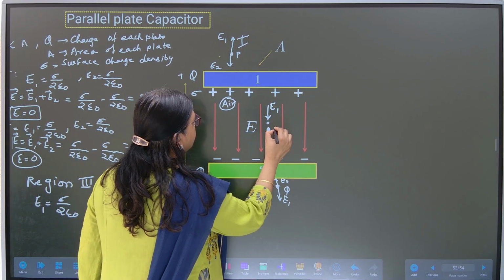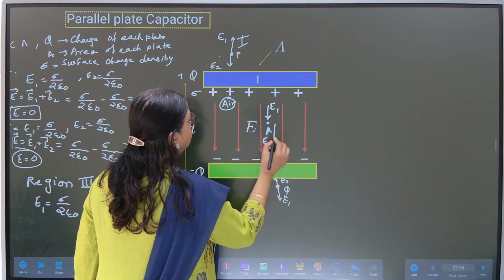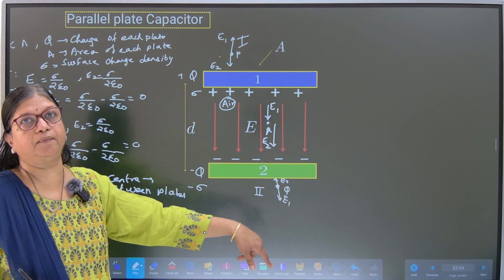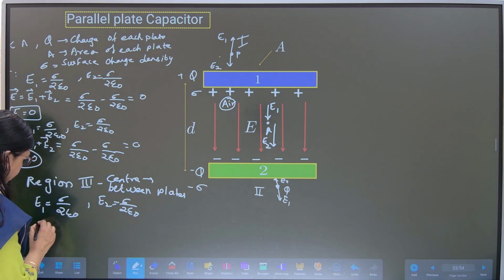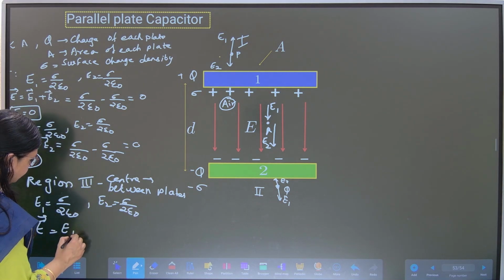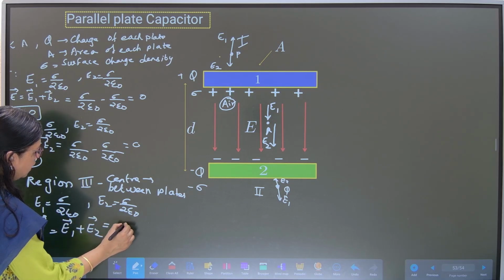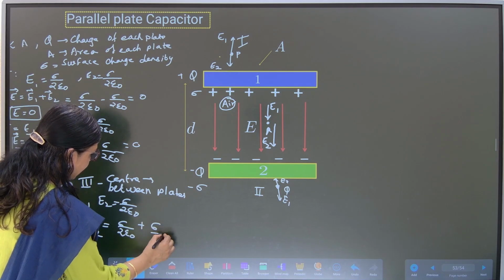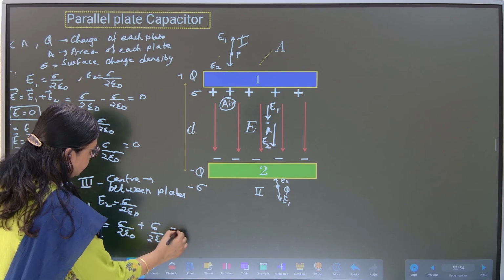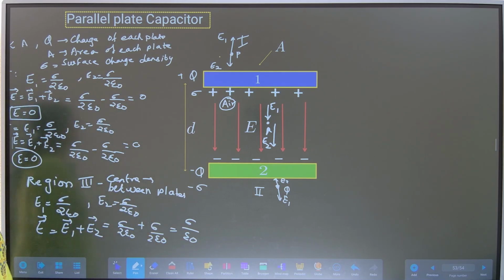E2 is from the point towards the negative charge. As you can see, the directions are the same, from conductor 1 to conductor 2. So E is equal to E1 plus E2 by the principle of superposition. Their magnitudes have to be added because the directions are the same. So sigma upon epsilon naught is the electric field between the two plates.